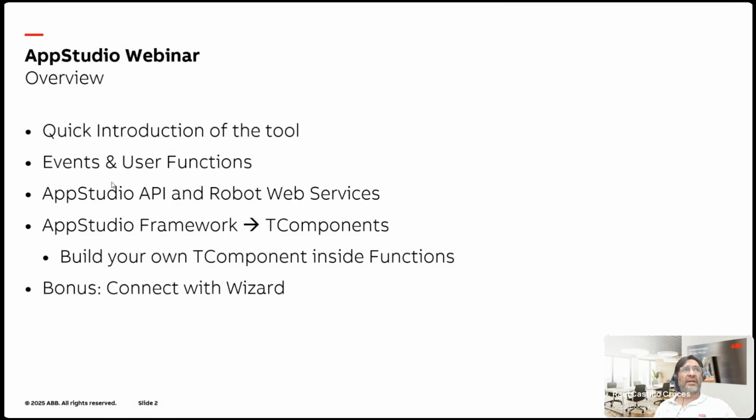I'm going to finalize the presentation by giving a bit of overview of the framework that AppStudio is generating, the so-called T components, and at the end we are going to show how the user can also use these kinds of components to create their own custom components.